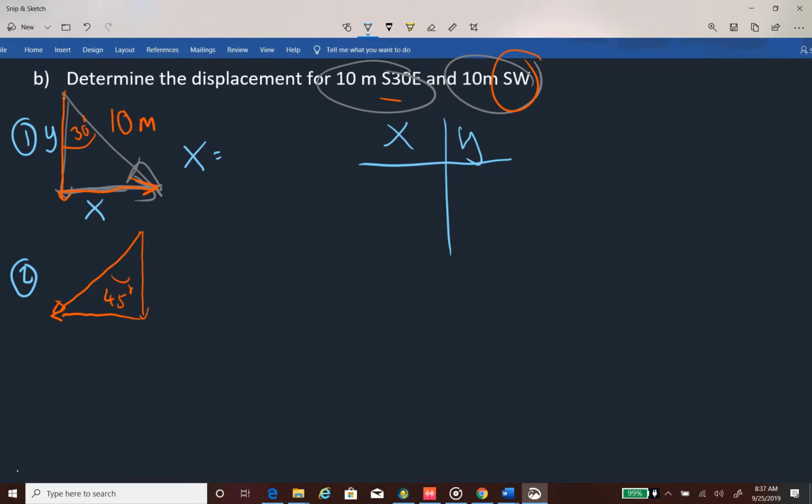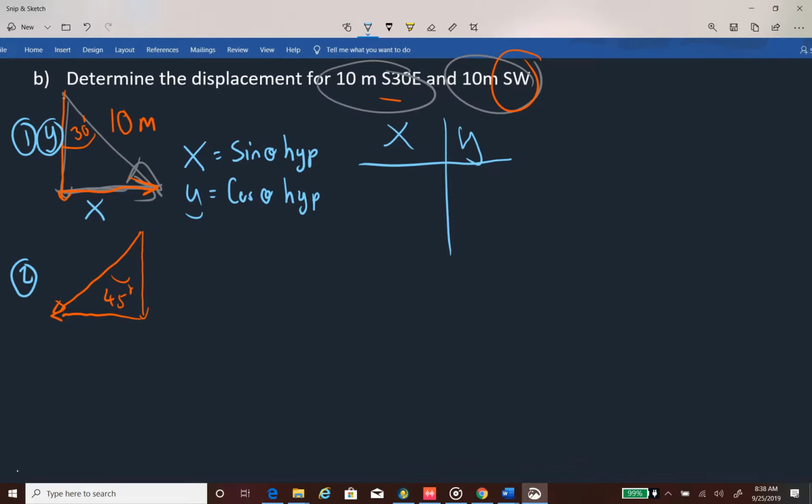So the formula is going to be sine theta times my hypotenuse, because it's the opposite side. The y component is the adjacent side, so it's going to be cosine theta times my hypotenuse.